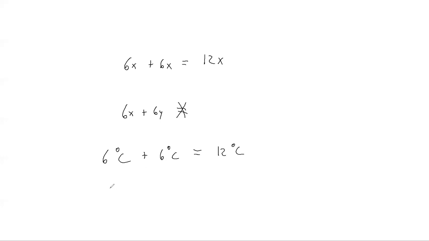But if I told you something was 6 degrees Celsius and it grew 6 meters, degrees Celsius is a unit measuring temperature and meters is a unit measuring length. These aren't the same thing, so I can't simplify this to anything else. This mirrors the earlier situation with 6x plus 6y. If I don't have the same units, in this case x and y, I can't simplify them any further. But if I do have the same units, like up here with x and x, I can simplify it.